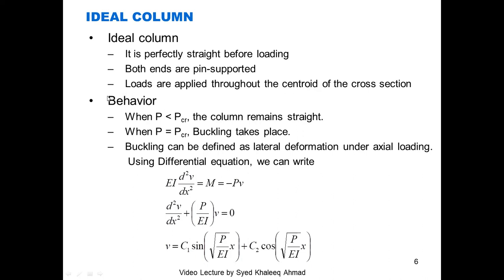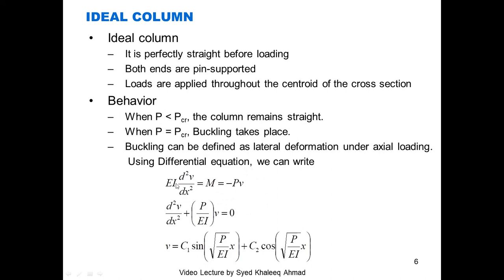So how it will behave in that case, as you have seen in the previous slide, when the applied load is less than critical load, the column will remain straight, and when the load reaches the value of critical load, buckling will take place. So in that case, we have to apply this differential equation, which is Euler-Bernoulli differential equation, which you have used in structural mechanics also, to find deflection.